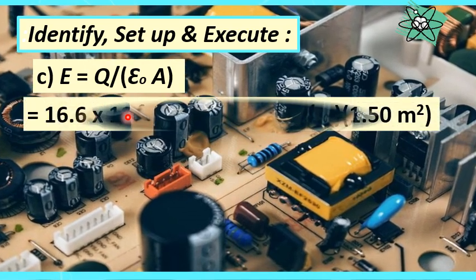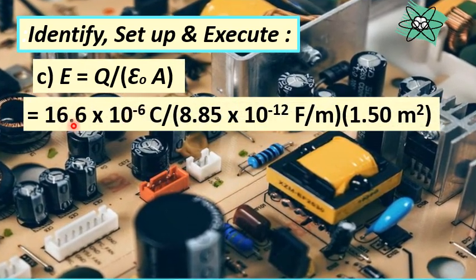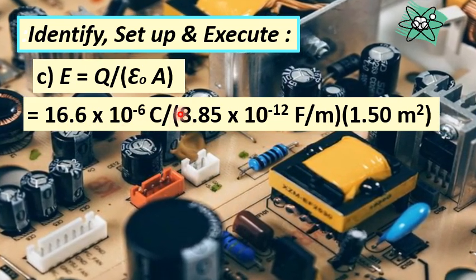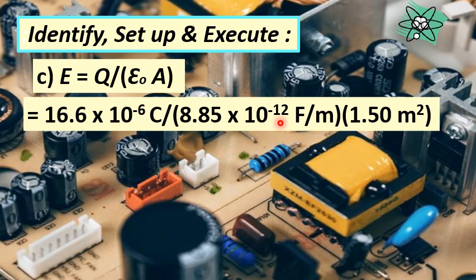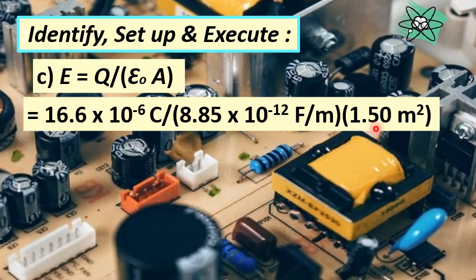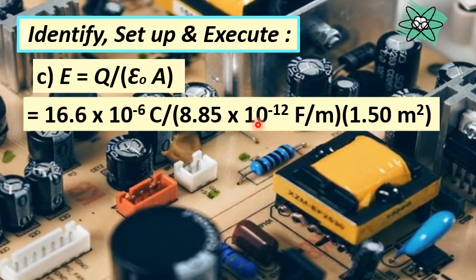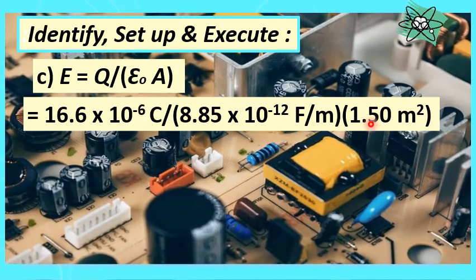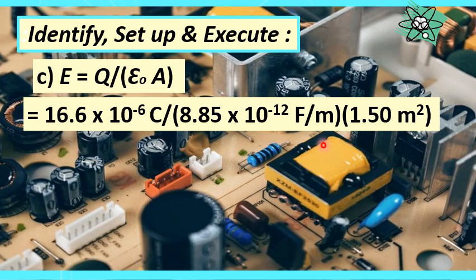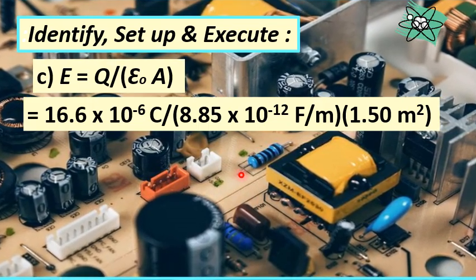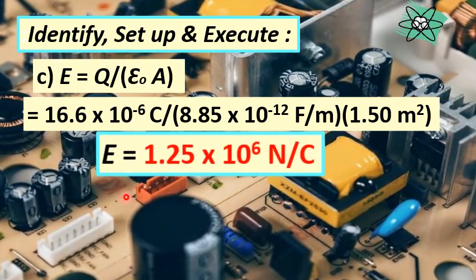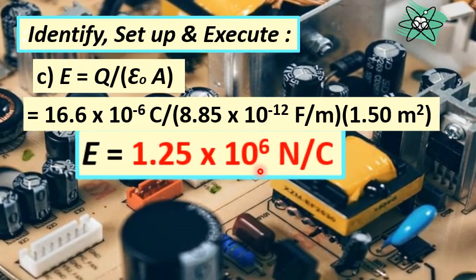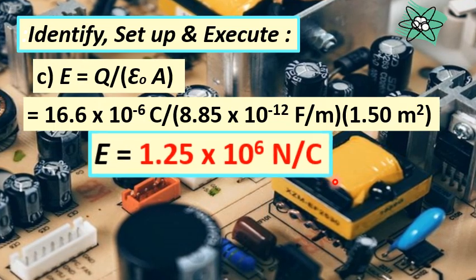So, plugging in the quantities, we have 16.6 times 10 to the negative 6 coulomb divided by the product of epsilon naught and the area, or 8.85 times 10 to the negative 12 farad per meter times 1.50 meter squared. So once again, doing our math, we get the value of the electric field equal to 1.25 times 10 to the 6 Newton per coulomb.